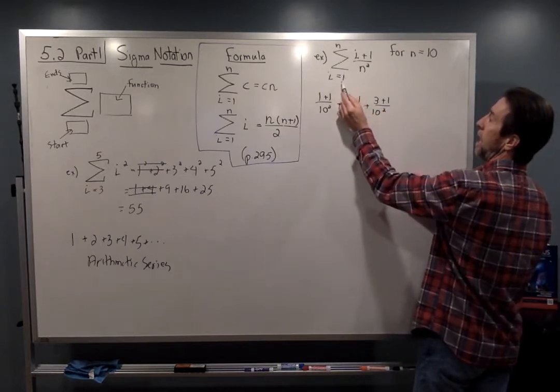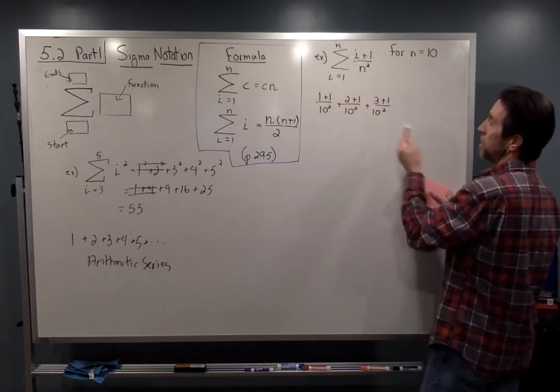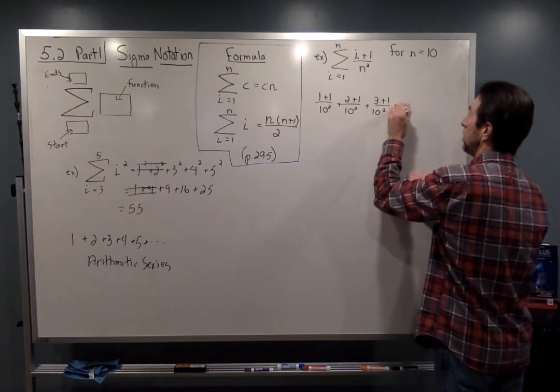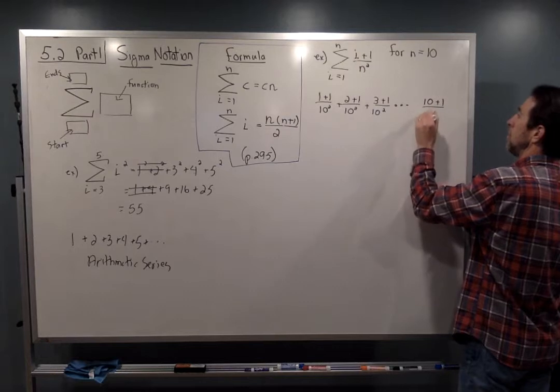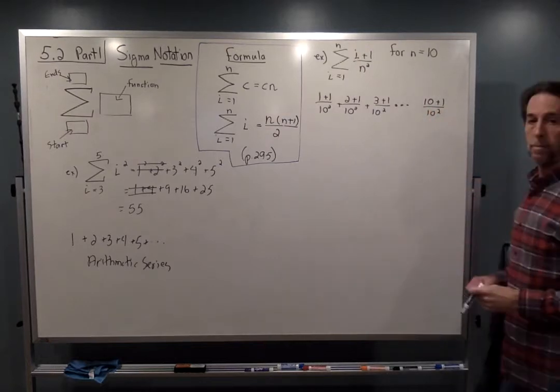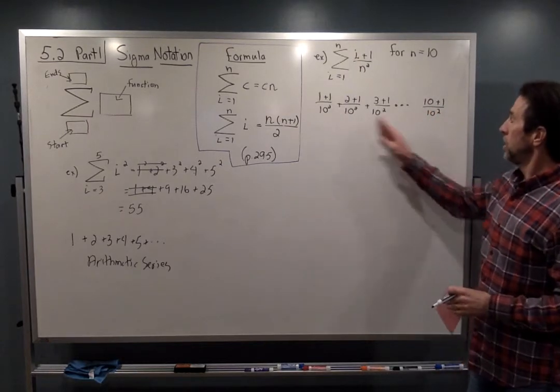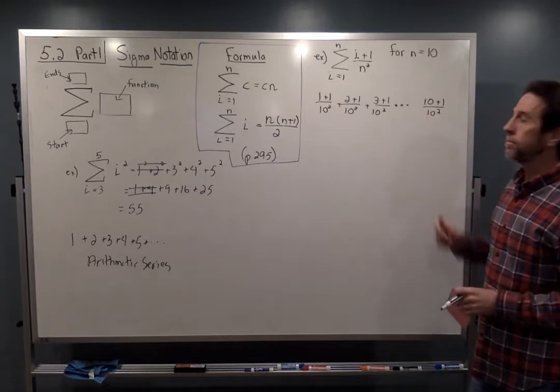Again, I'm just letting i go from 1 to whatever the number 10 is. And this is going to keep going to where it's (10 plus 1) over 10 squared. Well, if we were to add all of these together, we would get that sum.